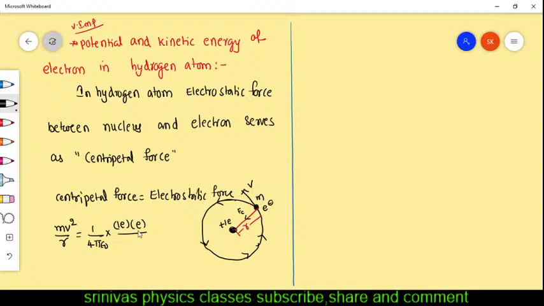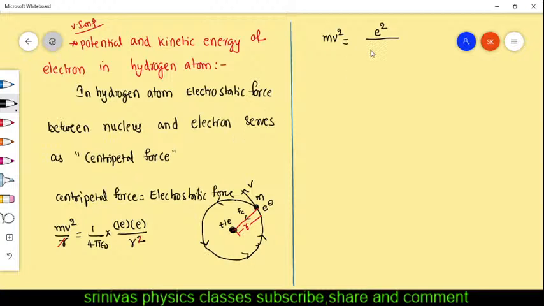Now we have to cancel something. This r and this square will cancel, and what remains is mv square on the left side. Any doubt in any step you can ask me.